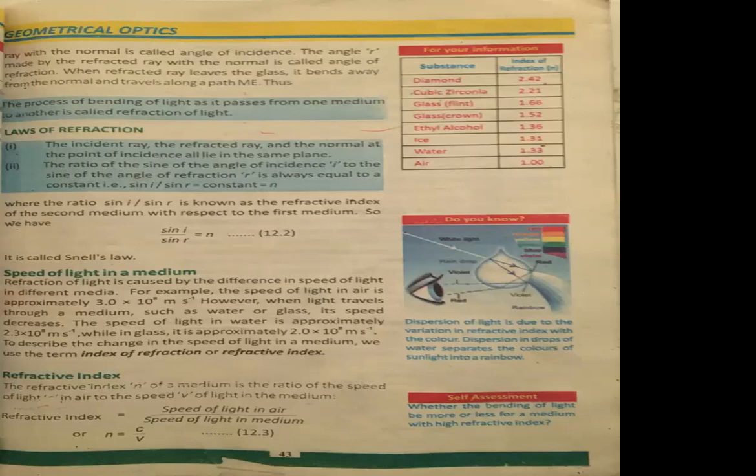In reflection, sine i equals sine r, the angle of incidence equals the angle of reflection, and the incident ray, reflected ray, and the normal lie in the same plane. But if we talk about the laws of refraction, the first law is the same as in the law of reflection, but the second law is different.